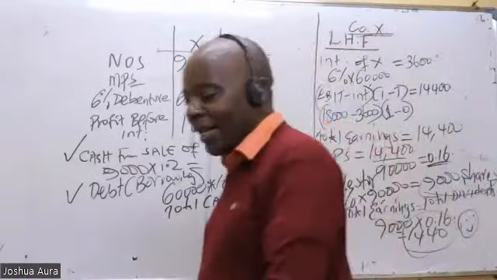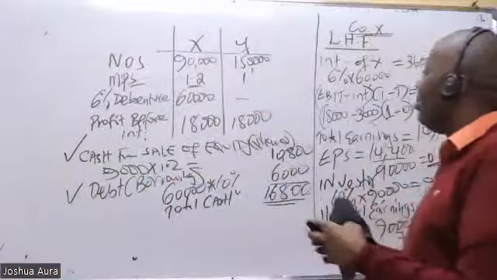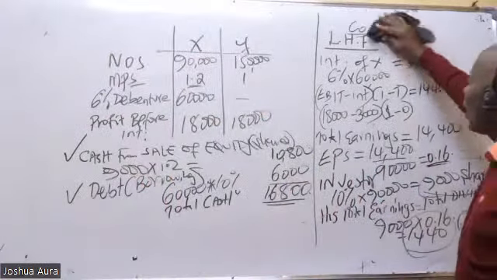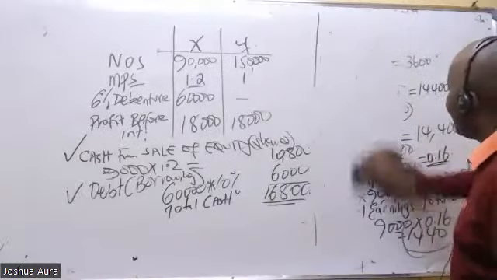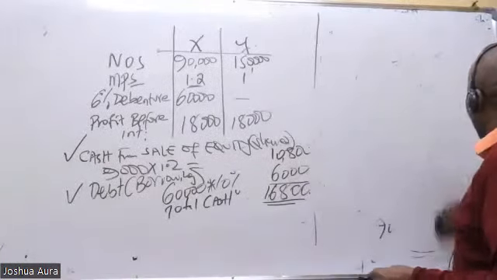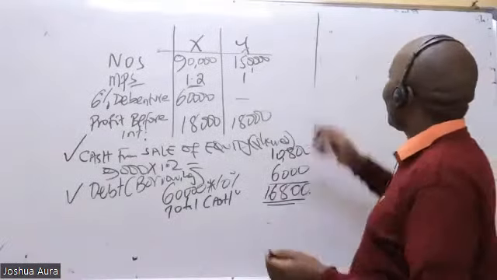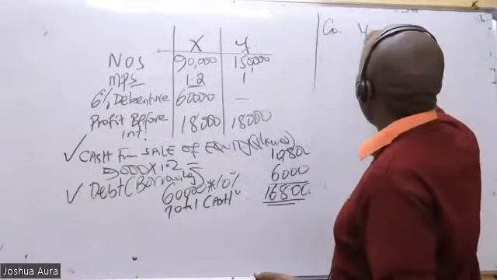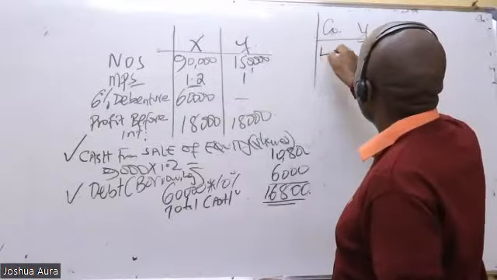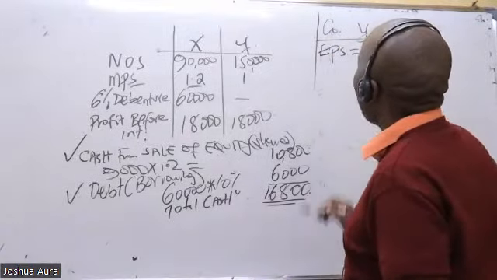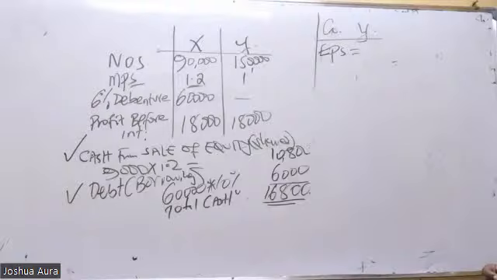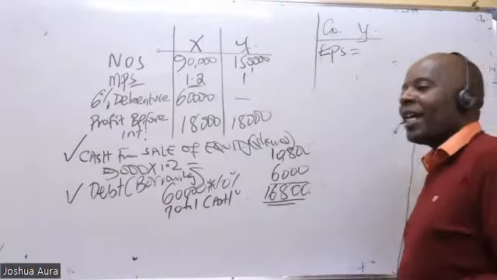Now I'll come and address, write a big thing here, talk about company Y. So company Y, the first thing that I will look for under company Y is the earnings per share of company Y. That is where I will start from.